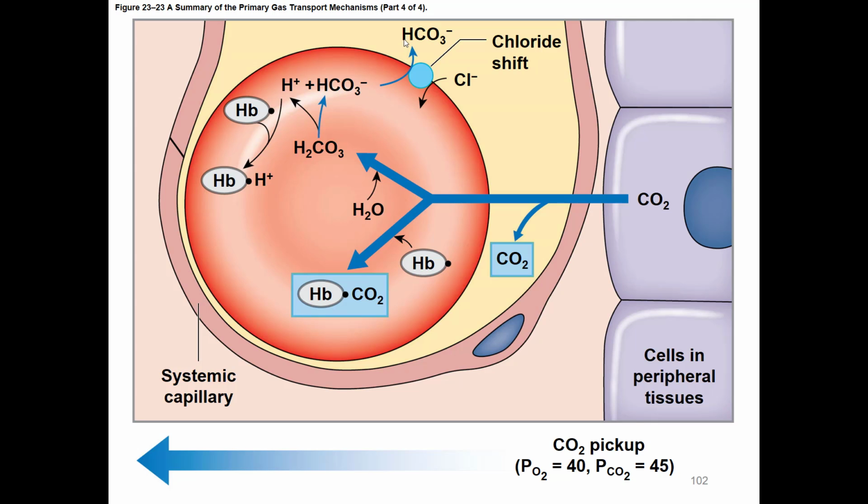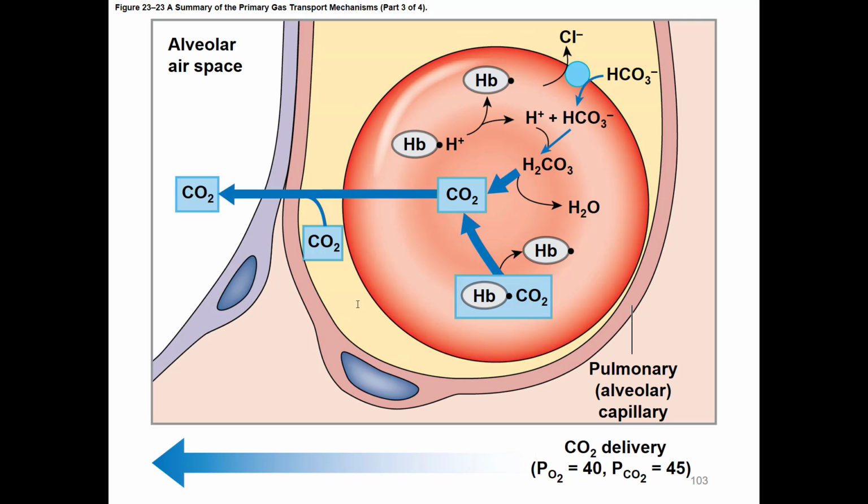HCO3 minus is kicked into the plasma in exchange for a chloride. Hemoglobin buffers the hydrogen ion, and 23% will bind directly to hemoglobin. Okay, and what's left? A lot of that will move from the red blood cell into the alveolus, where you will then exhale it out into your environment.